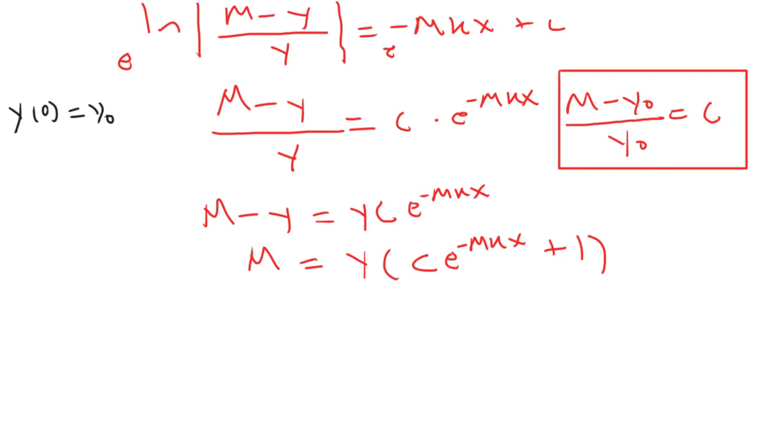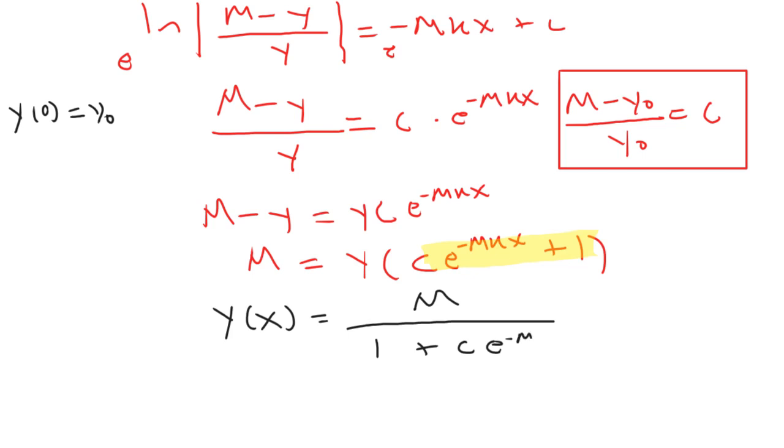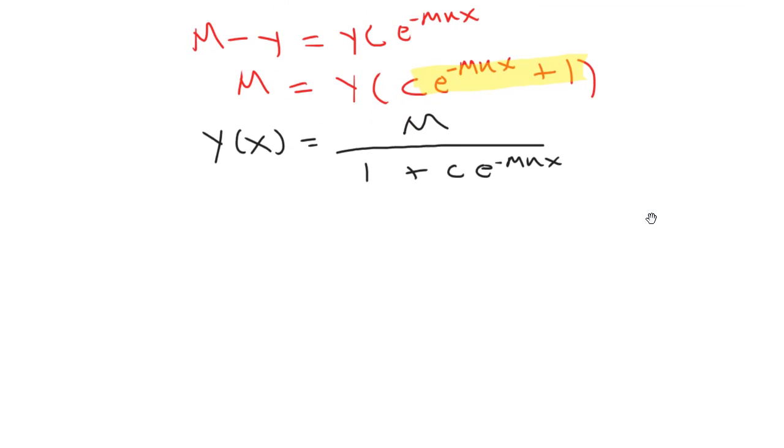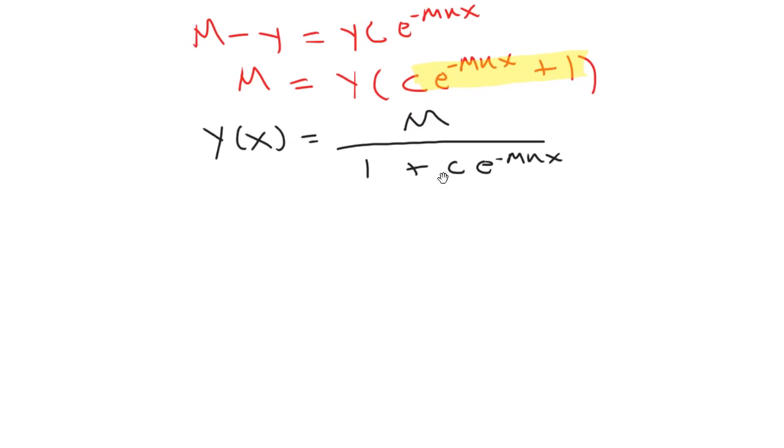How? We just divide out this whole part in the parentheses. What that does is it gives you that y of x is equal to this population m divided by 1 plus c times e to the negative mkx. Now, you would technically need to substitute the c value into this part right here.